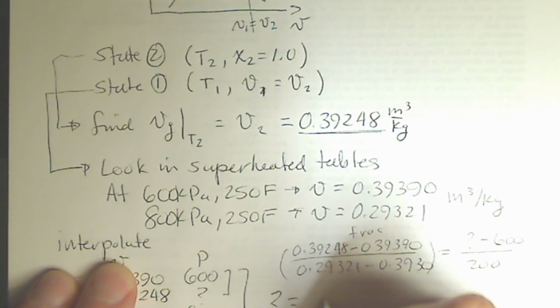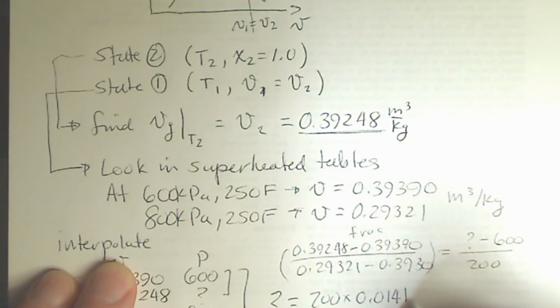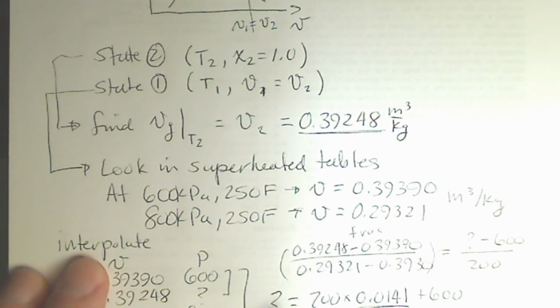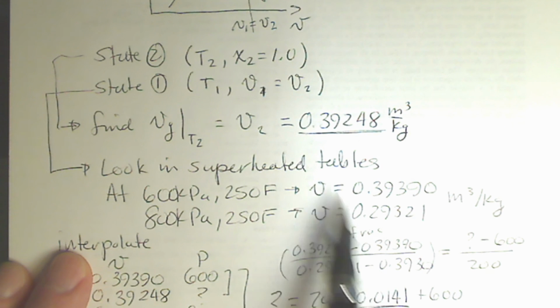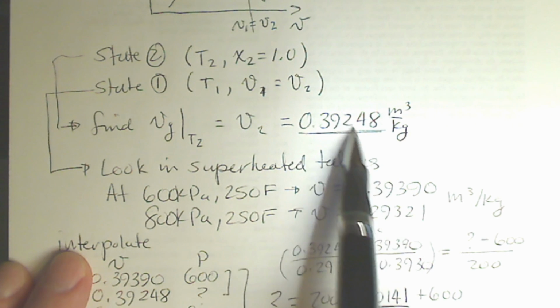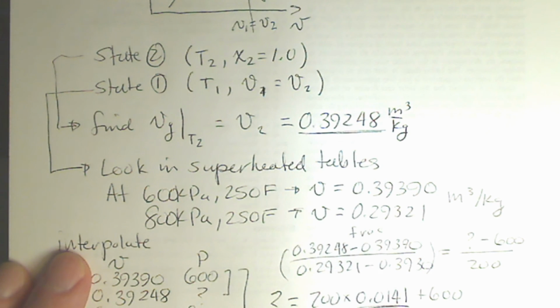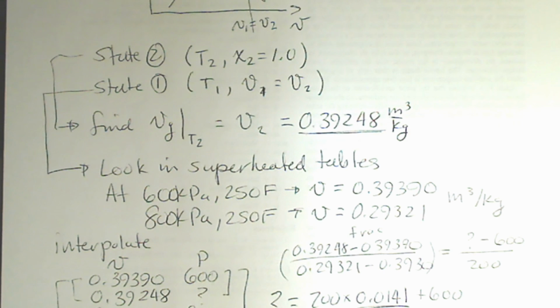So question mark is equal to 200 times 0.014 plus 600. And that's what I was saying when I was just eyeballing this: this number in the table is very close to the value that we have. This fraction is very small. We don't really need very much of an adjustment, 2.82 as a matter of fact.